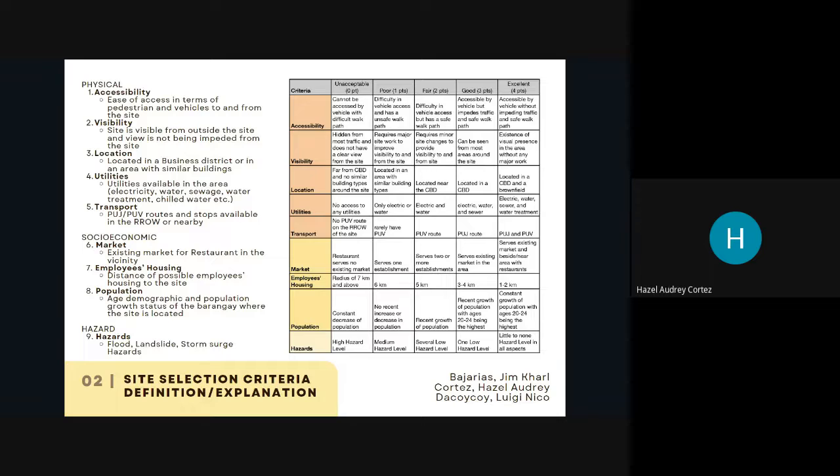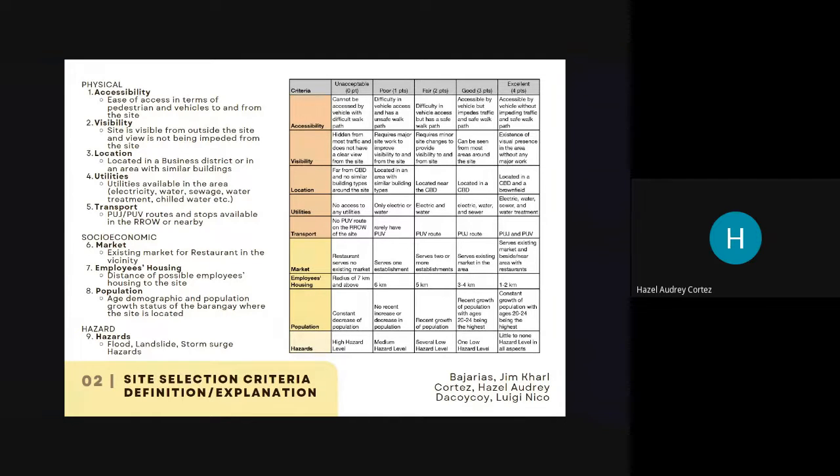What about utilities? There should be basic utilities available, and it is excellent if it has water treatment or chilled water. And for transport, the ROW should have PUJ and PUV routes. For socio-economic and market, there should be an existing market for restaurants in the vicinity.